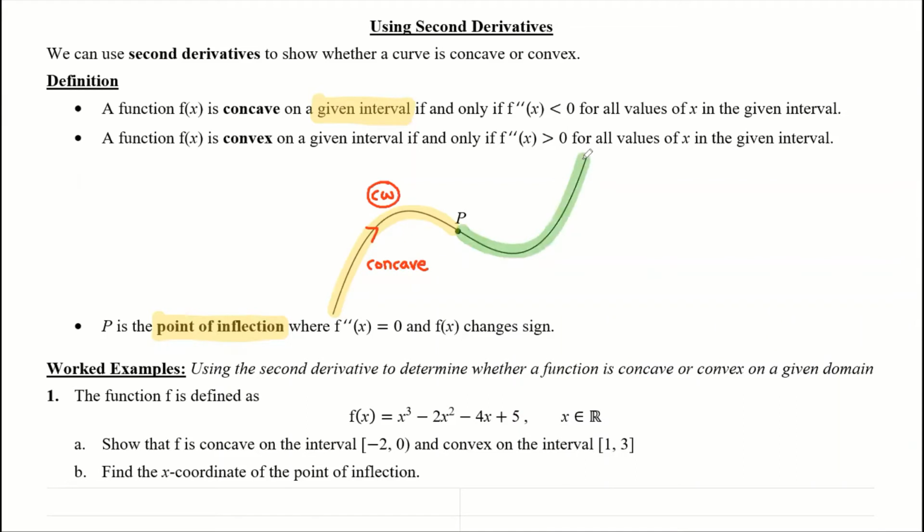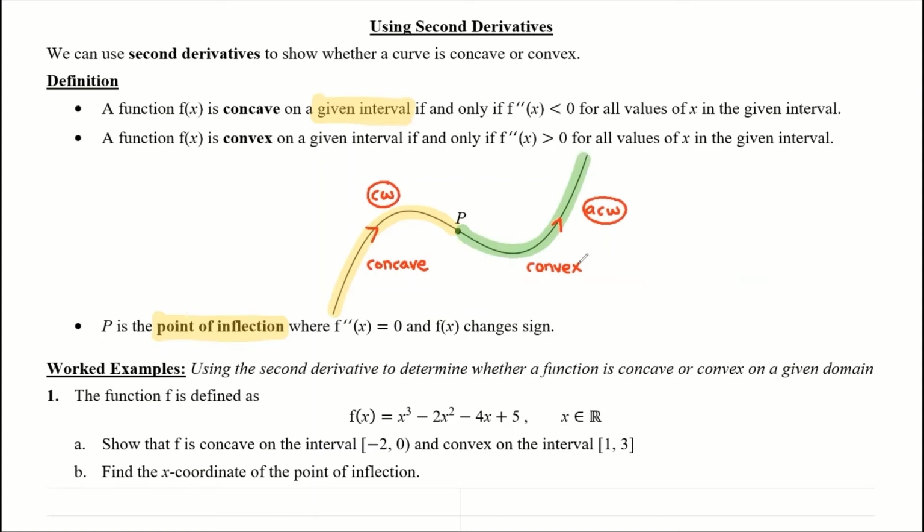Okay, and now we are going anti-clockwise. Although we're still traveling in the same direction, i.e. from left to right, we're now going anti-clockwise, and this is where we are convex. Okay. Right. So I hope that makes sense.